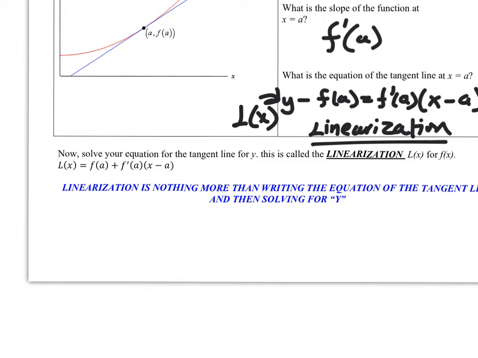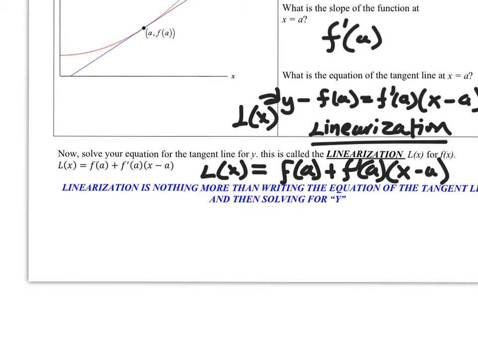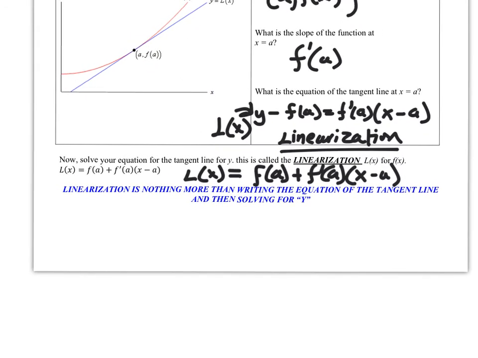So all that we'd do is solve for y, which would mean that L of x equals, we're going to add f of a to both sides. And now we've got a linearization of f of x. Okay, so it's going to give us some approximations. It's not going to be perfect, but it'll be close.